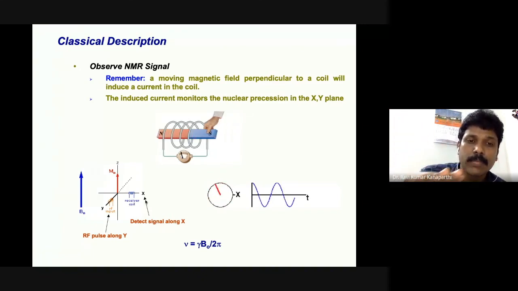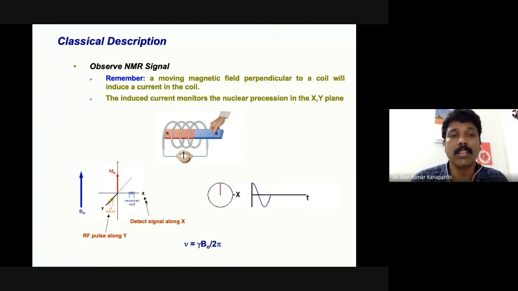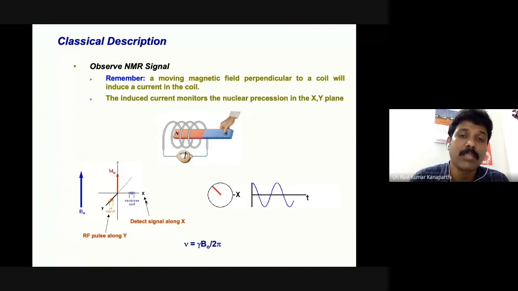Now the net magnetization vector, we made it rotate in the XY plane. Now it is coming back and it is oscillating. It is not static. Since it is oscillating, the magnetic field is changing. We know from simple electromagnetism that if you have a magnetic field which is changing with respect to time, then we can see an appropriate current in the ammeter, right?